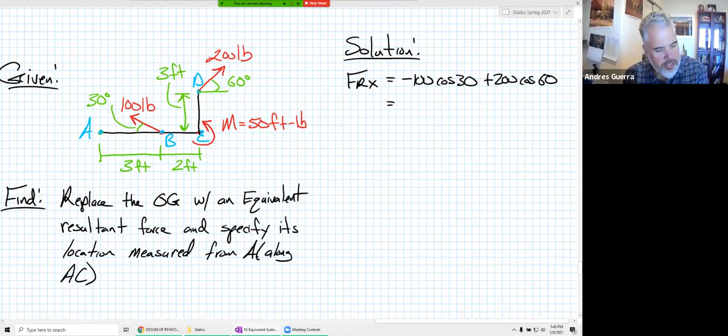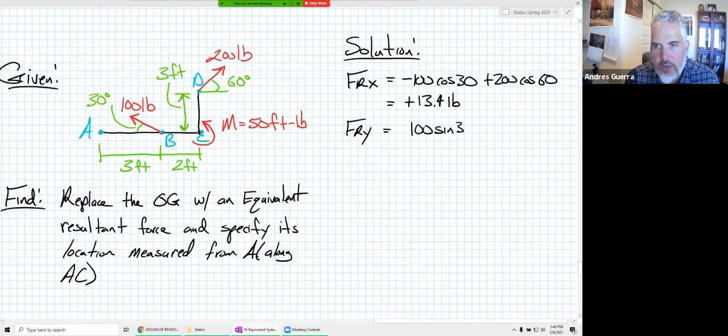If it's going to the left, I'm calling it negative. If it's going to the right, I'm calling it positive. And that gives us a positive 13.4 pounds for FRX. FRY would just be 100 times the sine of 30 plus 200 times the sine of 60. And we're going to find that our Y component is equal to 223.21 pounds.